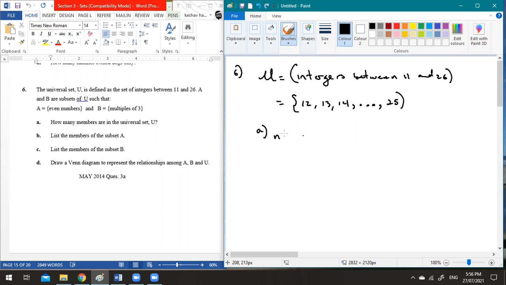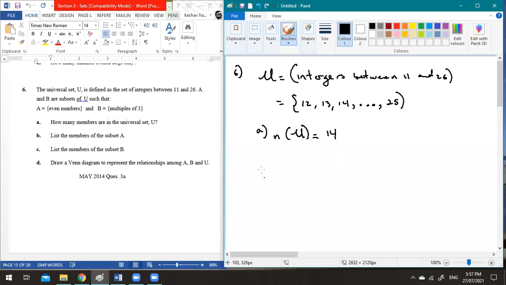So the number of elements in the universal set. We have to count it out. 12, 13, 14, 15, 16, 17, 18, 19, 20, 21, 22, 23, 24, 25. 14 numbers.